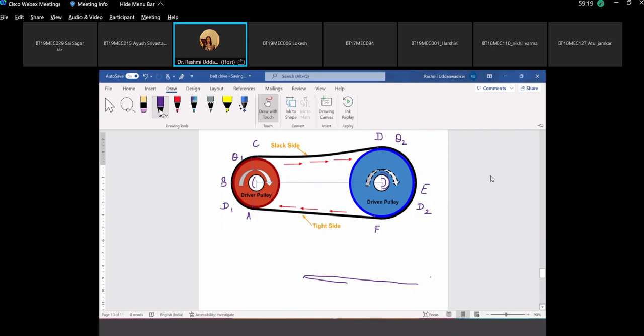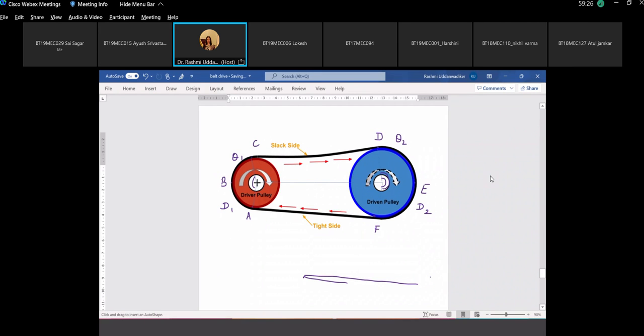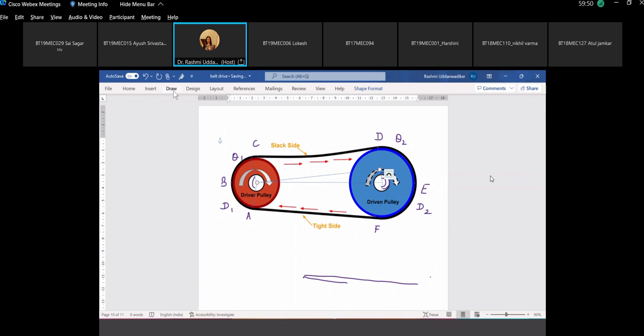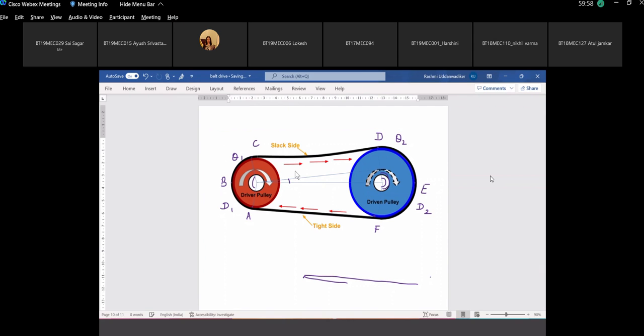If I draw a line which starts from here and which is perpendicular to the line joining the center of the larger pulley to the point of commencement of the contact with the larger pulley, and if I take this angle as alpha, if this length is d1 and if this line and this line, although this is slack, but for derivation purpose we are assuming it to be straight, this will form a rectangle.